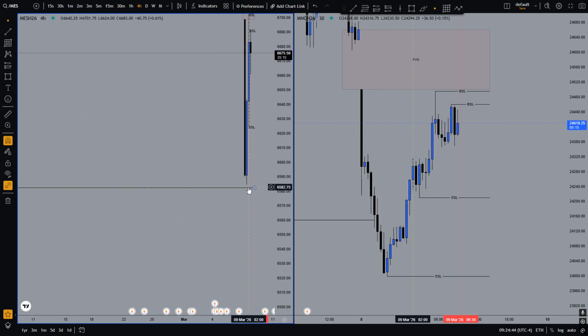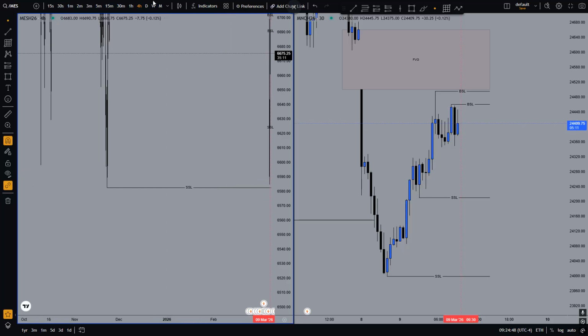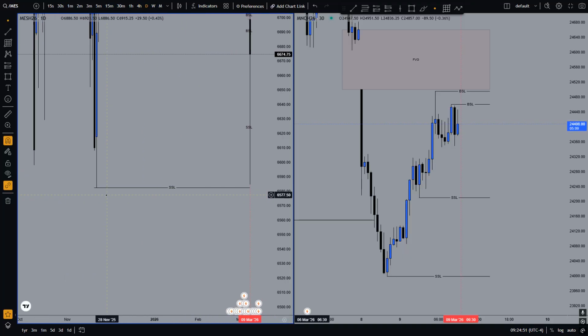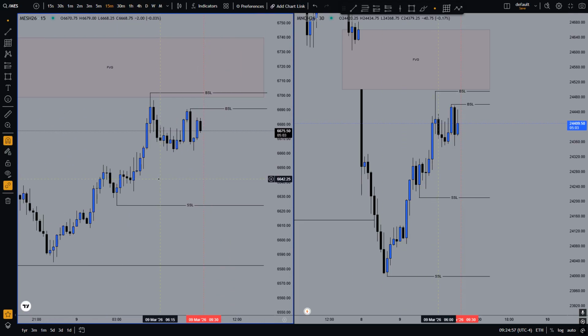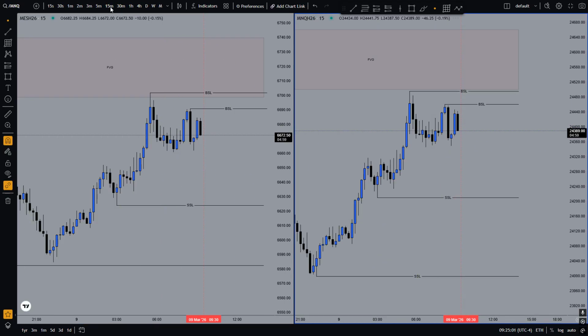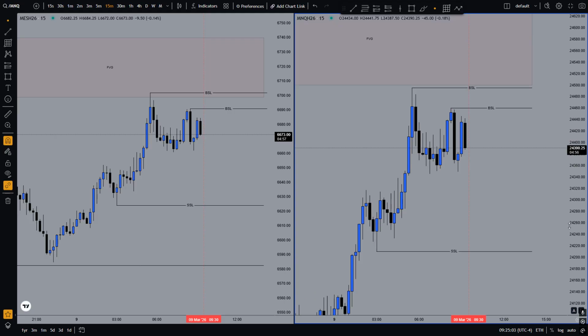So if you look, with this low being super close to the draw, we now have relative equal lows right here. So we'll see what we do. Like I said, that's just a thought, that's just an idea, but we'll see what the market really wants to do and then go from there.